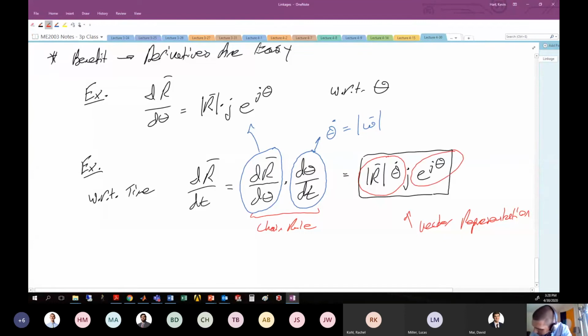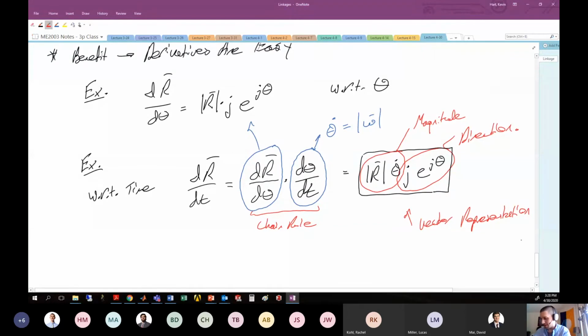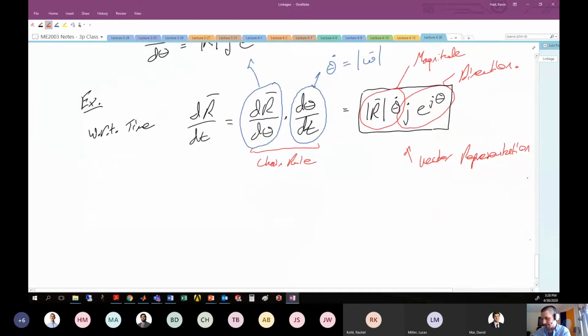Direction is associated with this particular portion of the equation, so here, magnitude, and the direction is embedded in these bits. So this is a vector notation. It doesn't have little i or little j like you're used to with your Cartesian coordinates, but that's the general idea. So this is how we're going to use complex notation to move forward.